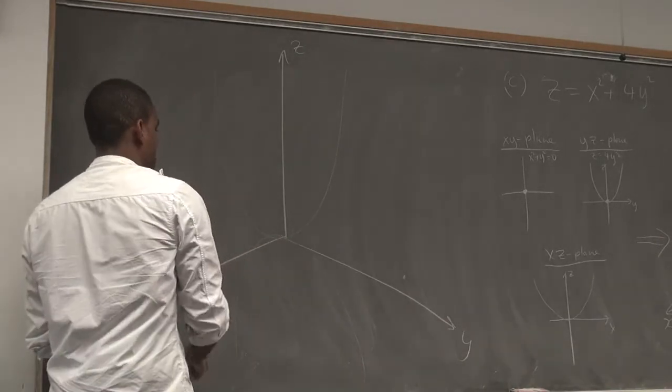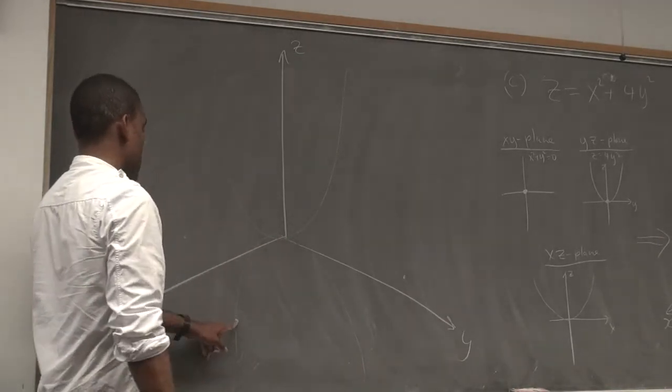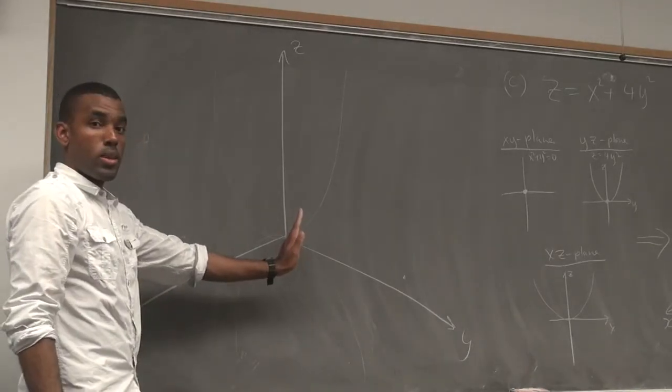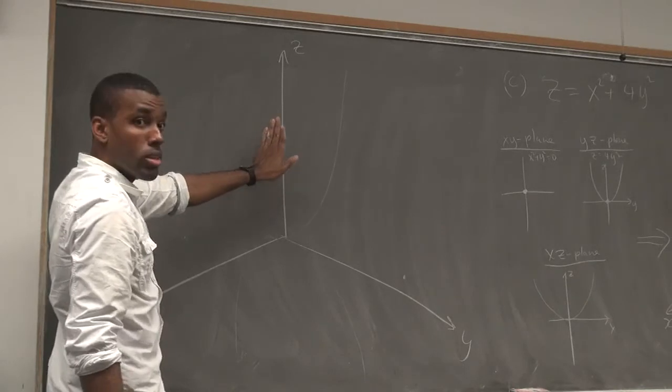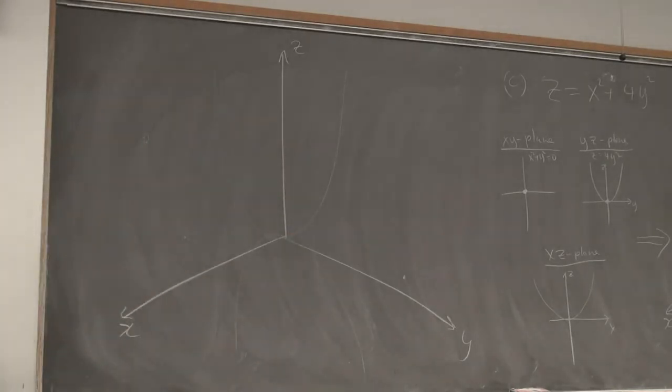How do you know it's 90 degrees rotated? Because this parabola is in the YZ plane, so it's flat along that wall, while this one is in the XZ plane, so it's flat along that wall. So one parabola is along this wall, and the other is along that wall, so they're rotated. One is going up like that, and the other is going down like this.